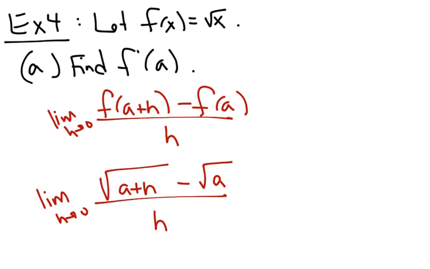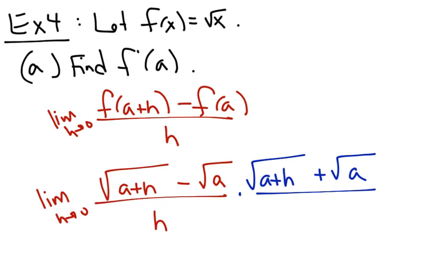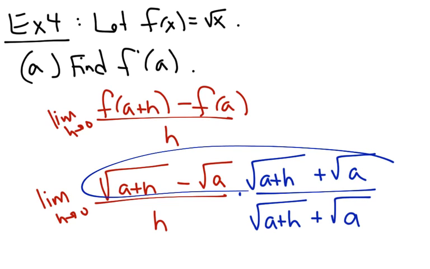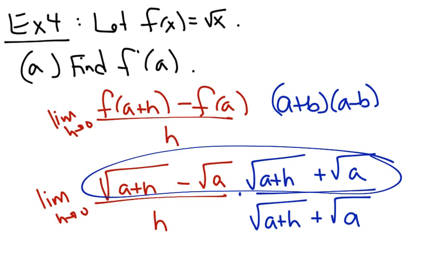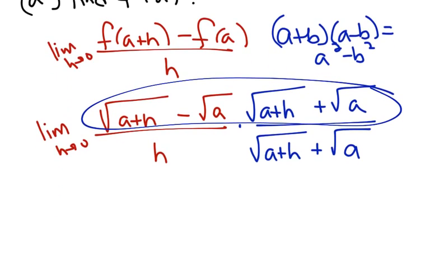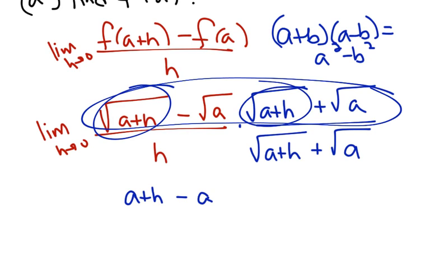When you're dealing with a problem in radicals, you're going to multiply by something called the conjugate of the numerator. The reason you multiply by the conjugate is because this is in the form a plus b, a minus b, which distributes very simply into a squared minus b squared. So I'm going to get a plus h minus a, because when you multiply these together, the square roots cancel.